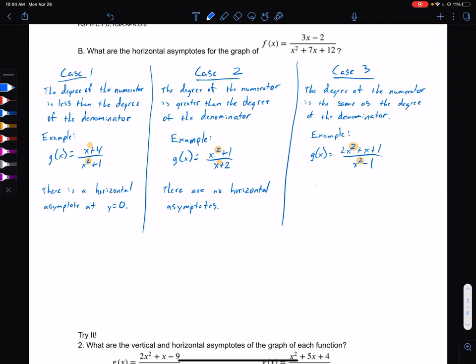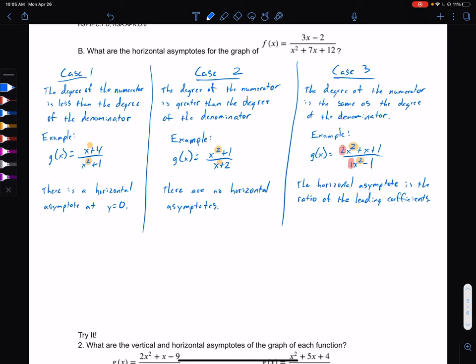So when this is the case, the horizontal asymptote is the ratio of the leading coefficients. What does that mean? We look at the leading coefficients for the highest degrees. In this case, we have 2 as the leading coefficient in the numerator and a 1 as the leading coefficient in the denominator.